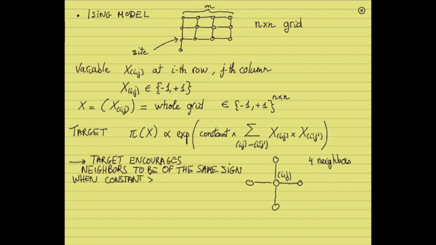So it doesn't like if every pixel is a different color from its neighbor. That's if the constant is positive, and the constant is proportional to what would be called an inverse temperature in the original setting of ferromagnetism, where this kind of model has been considered first.